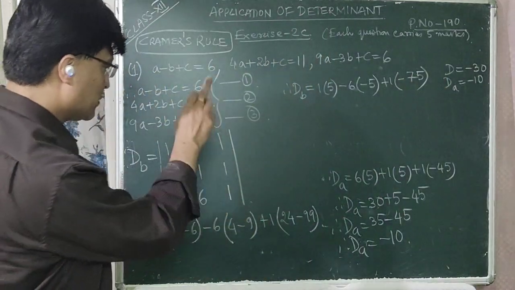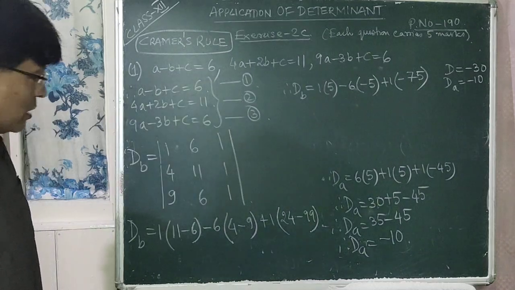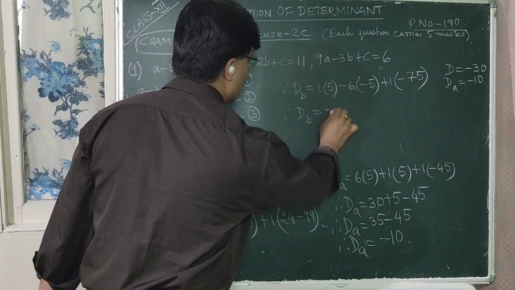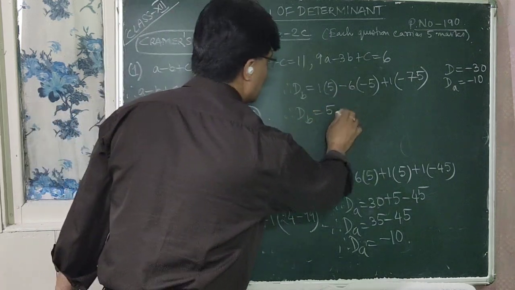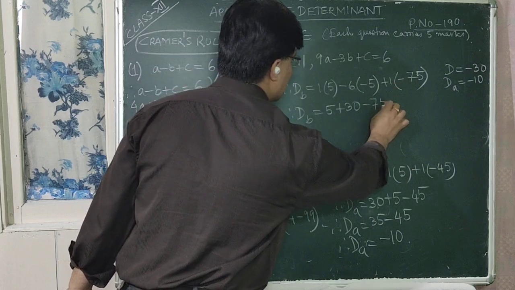A different sign, you have to subtract it, but you have to write down the sign of the greater number. Okay, so therefore DB is equal to 1 five is 5, minus into minus is plus, 6 fives are 30, plus minus into minus, that is 75.